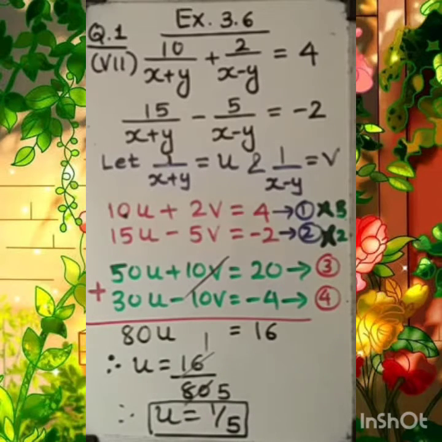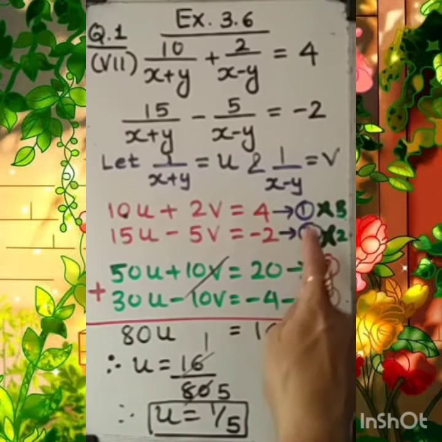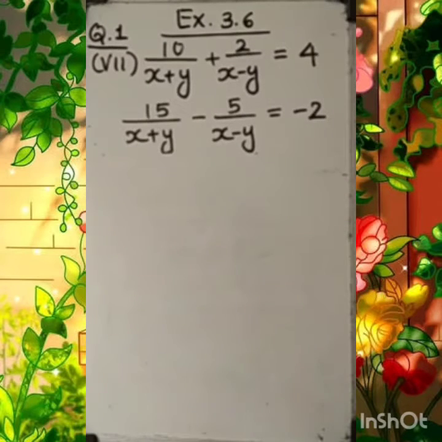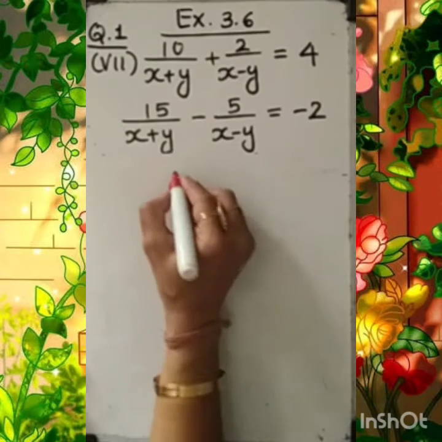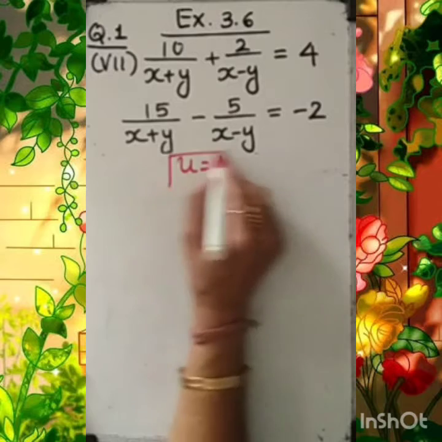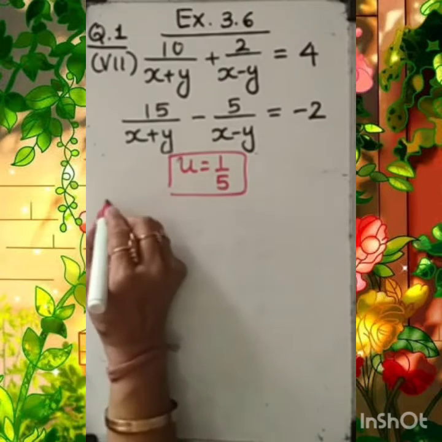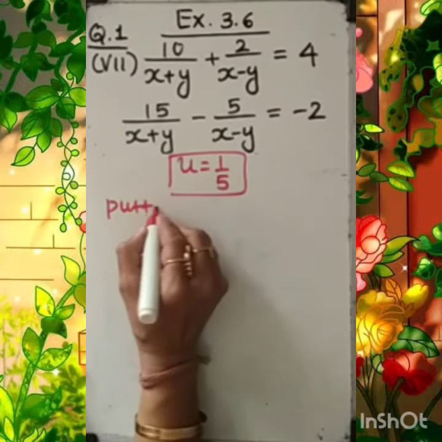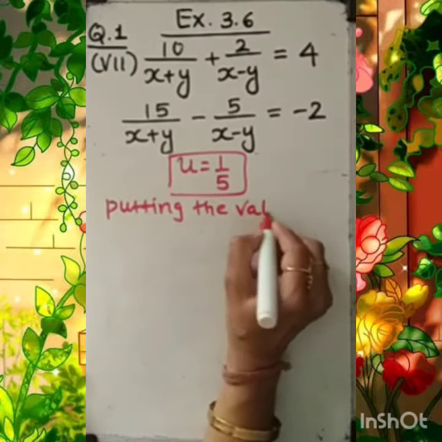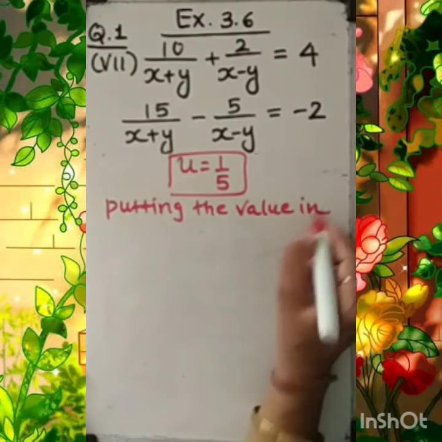Let's put this value in any one of these equations, either in 1 or in 2. As we got the value of u equal to 1 upon 5, I am putting this value in equation 1.